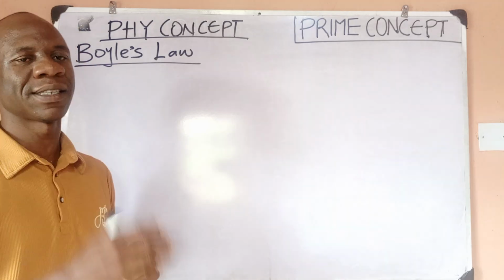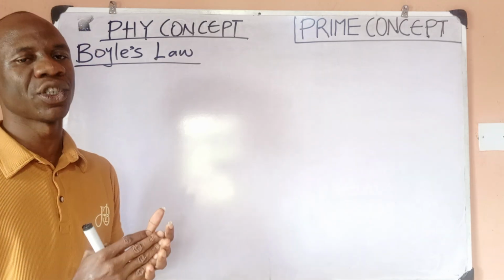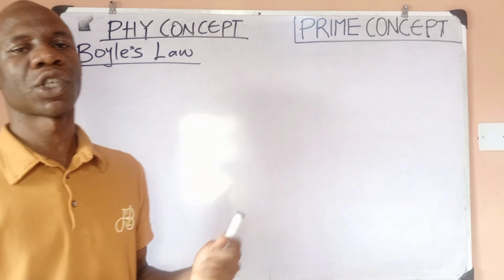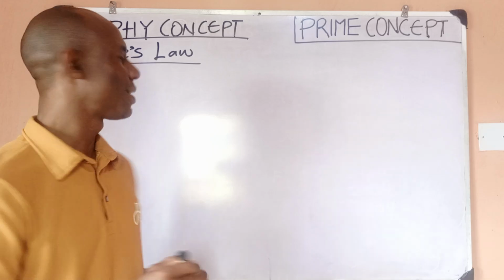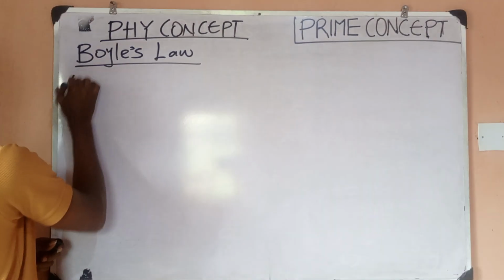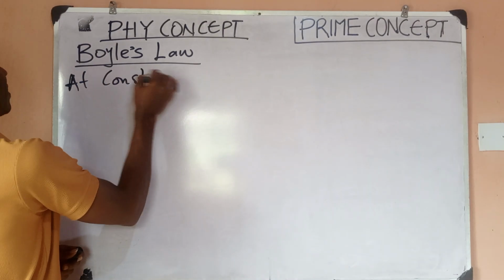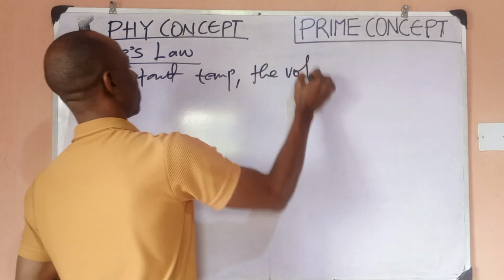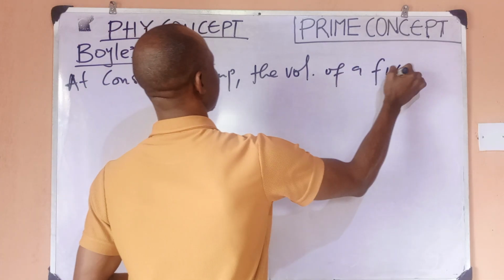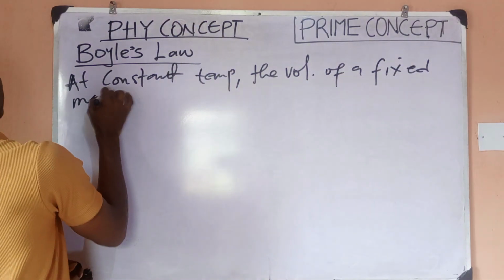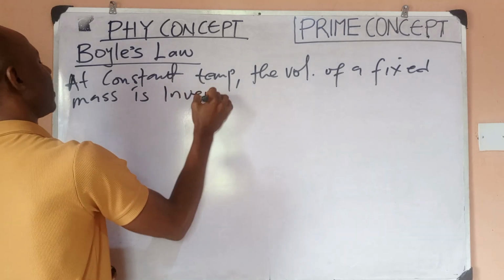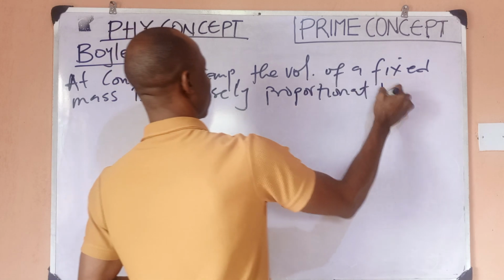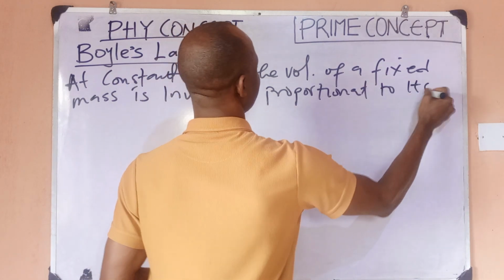Boyle's law states that at constant temperature, the volume of a fixed mass of gas is inversely proportional to the pressure. I would repeat that. At constant temperature, the volume of a fixed mass of gas is inversely proportional to its pressure.